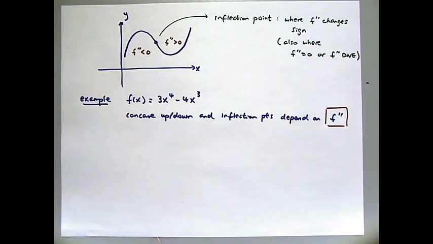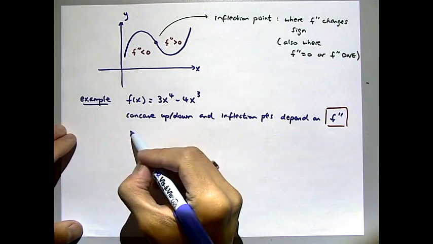If you want to find out those things, then those depend on f double prime. Increasing, decreasing depend on the first derivative. Concave upward, downward depend on the second derivative. So we start by finding the second derivative.